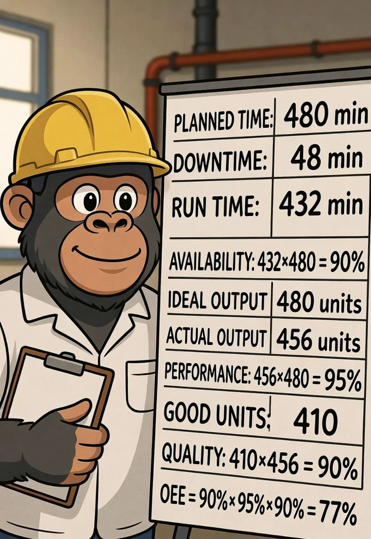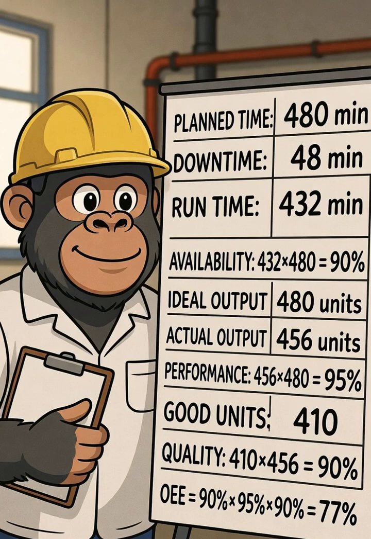That's 48 minutes of total downtime. So run time is 480 minus 48, which equals 432 minutes. Availability is 432 divided by 480, which equals 90%.